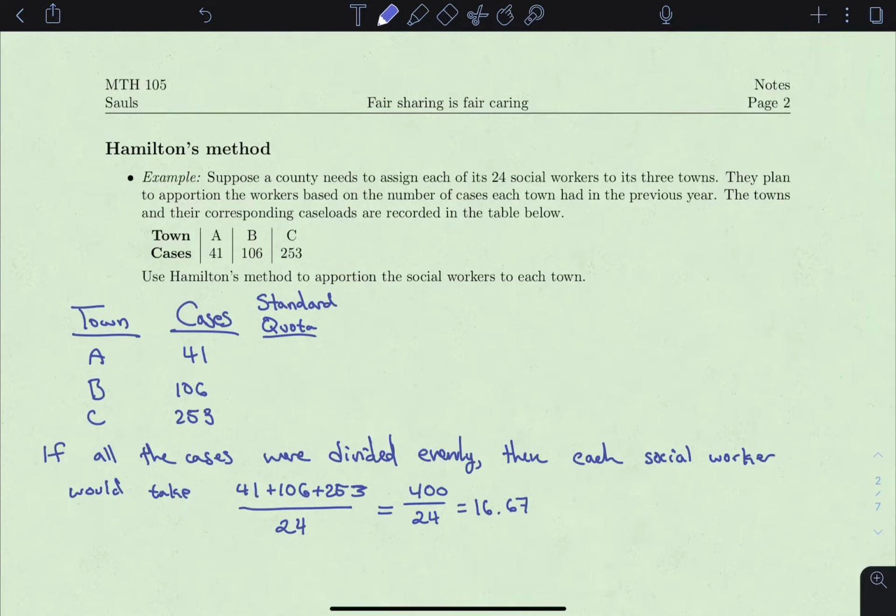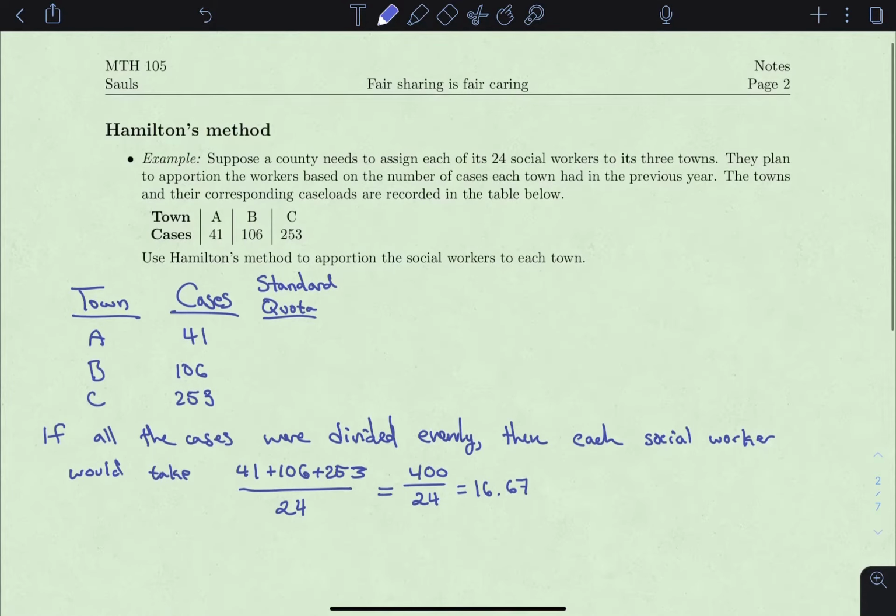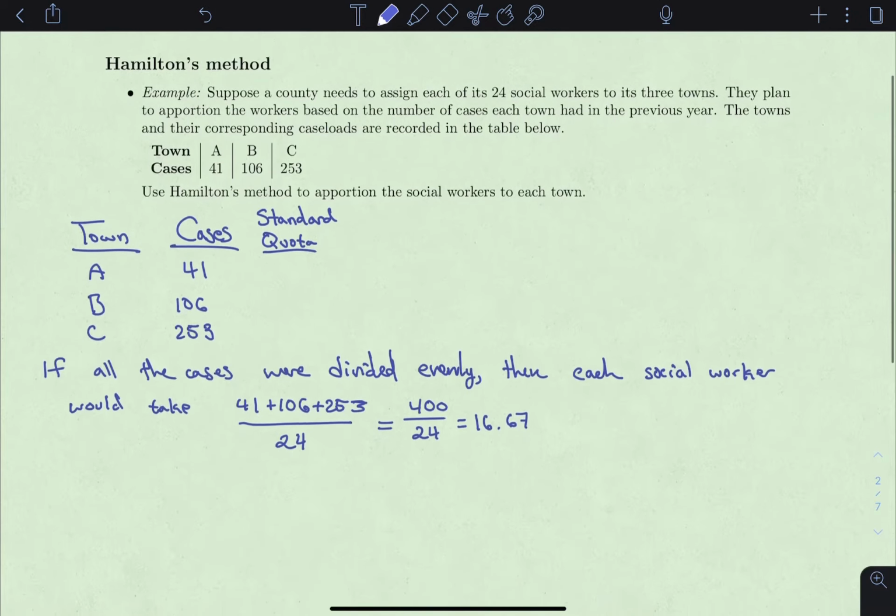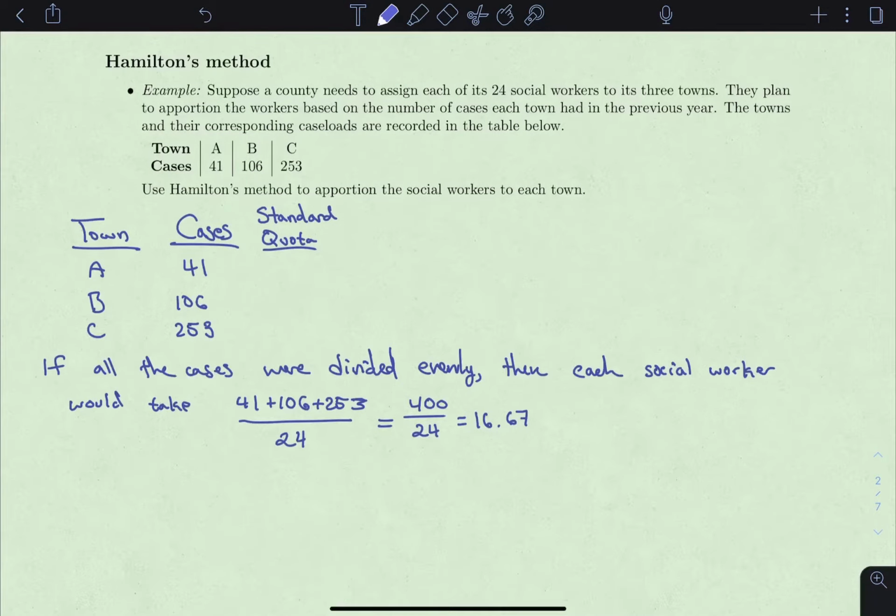And what we can do with this number is divide it into the number of cases in each town and get the ideal number of social workers. If we could break the social workers up into fractional social workers, how many each town would get, this would be the standard quota.